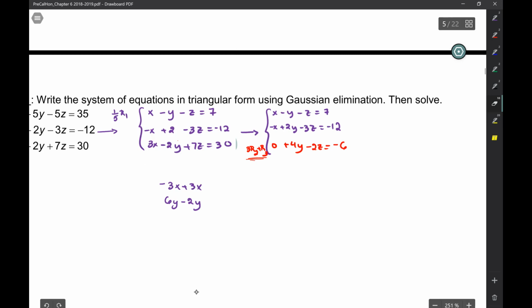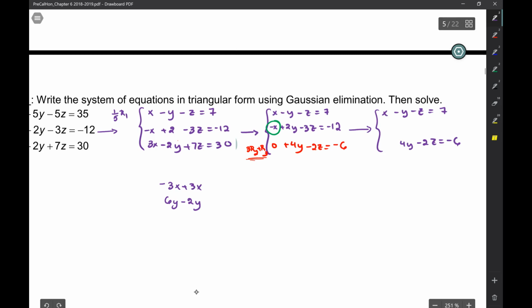Now I need to get rid of the next one, which one does it say to get rid of? The one in equation 2. So next I'm going to get rid of this one. Whatever you're not changing, write it down. The 0, I'm not going to write it, so it's just 4y minus 2z equals negative 6. We'll do that later.